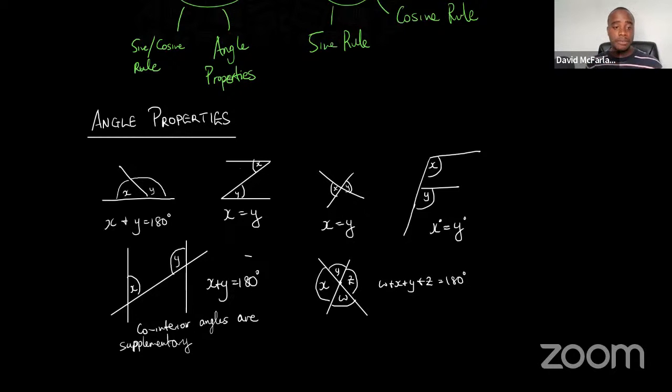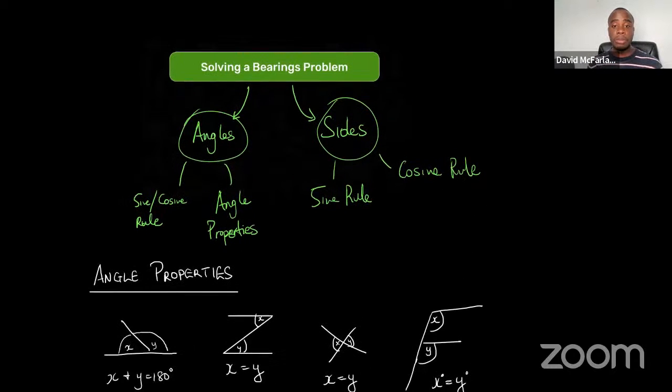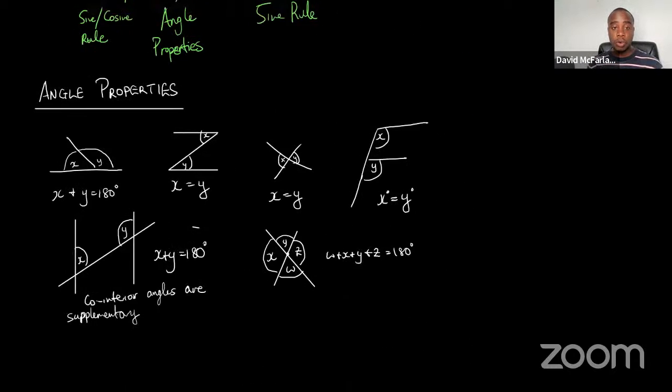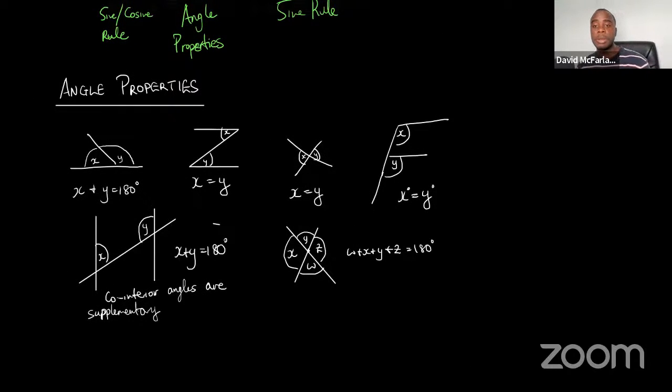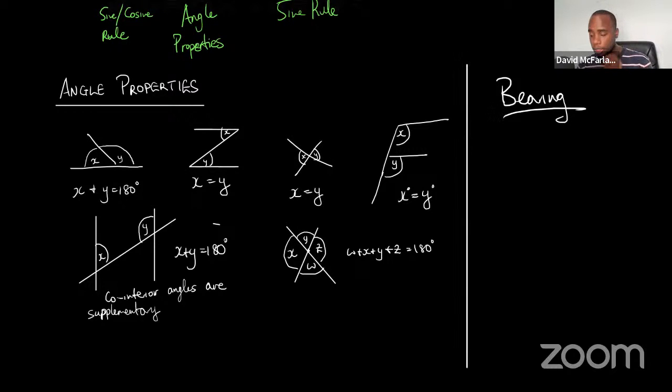Now, another very important thing about bearings is that we must remember the definition of a bearing, and this is another problem that happens each year. So remember that a bearing is an angle measured clockwise from the north. It always has to start at the north and it always has to go clockwise.